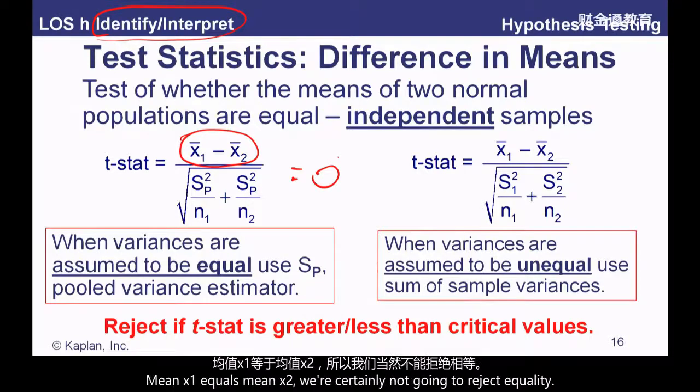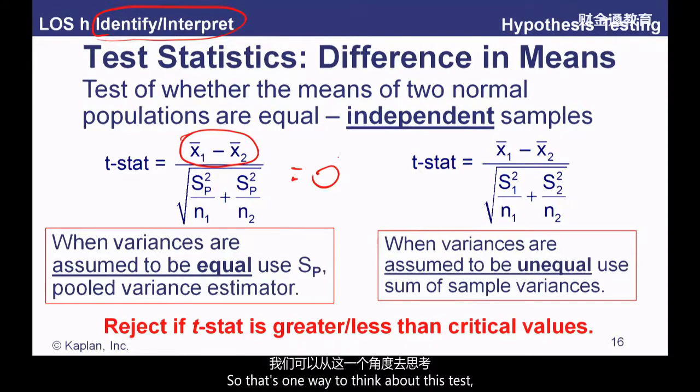If mean x1 equals mean x2, we're certainly not going to reject equality. So one way to think about this test is, when would I never reject? You'd never reject if they're equal. Then when would I reject? If they're too far apart. If that number is statistically away from 0, then we're going to reject.